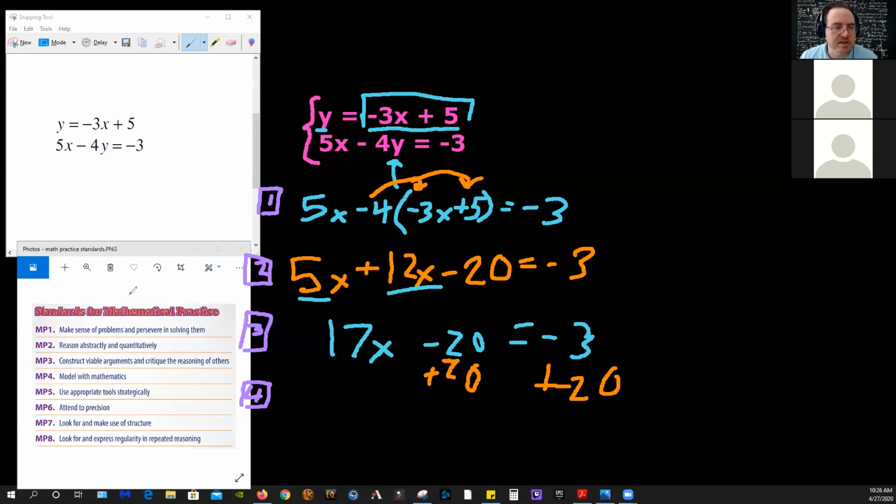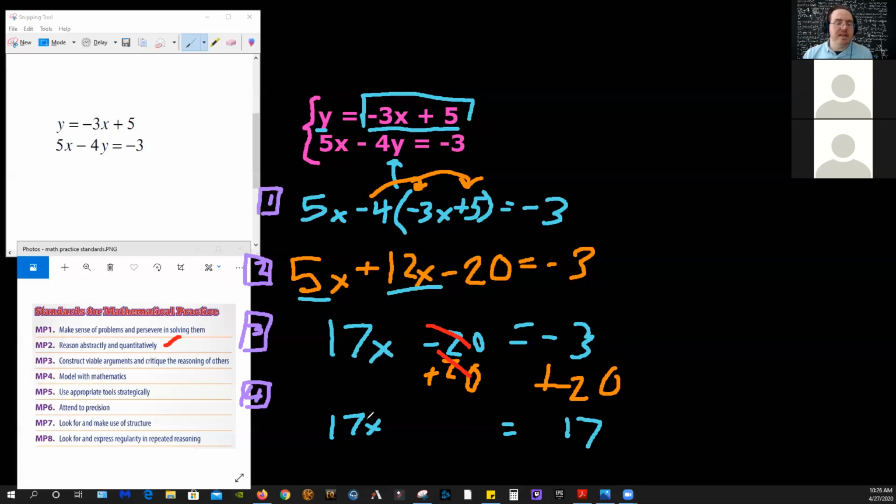So this is, again, an abstract rule that we were using before because these make 0. So what we're left over with, we still have this 17x equals... -3 plus 20 is -17. I'm sorry, no, that's not right. -3 plus 20 is just positive 17.